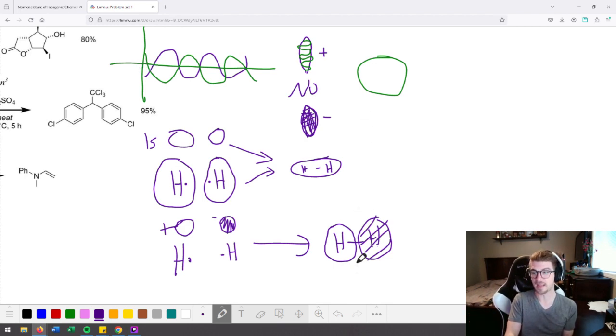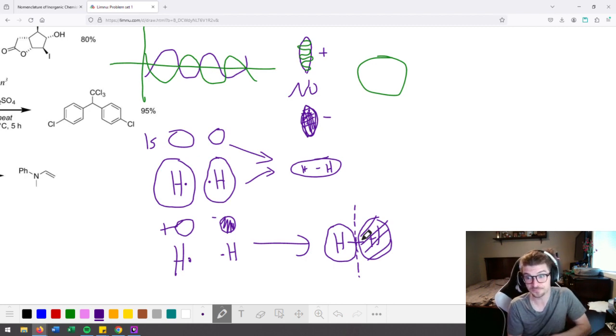So they can't interact, because any interaction between these two cancels each other out, and the electrons just can't exist in that space. So these two phases of the electron density stay completely separate from each other, and that forms this little line between these two phases, where you have zero electron density, and that's called a node.